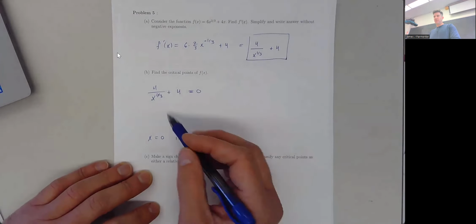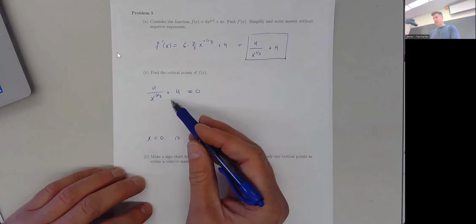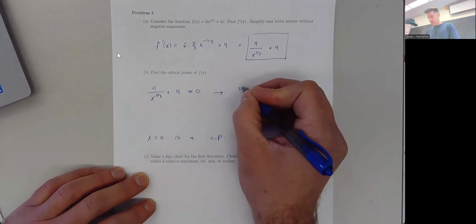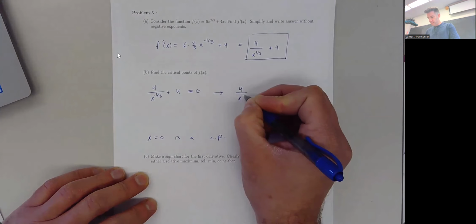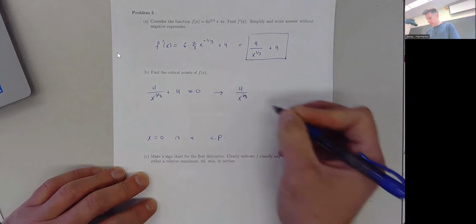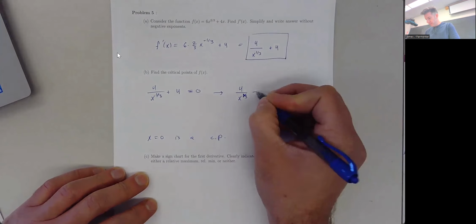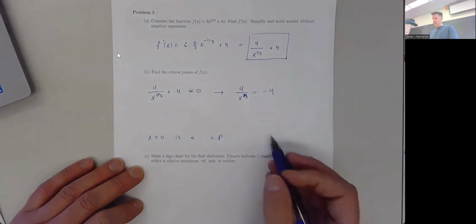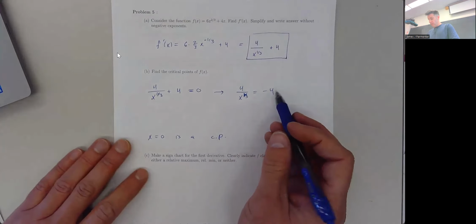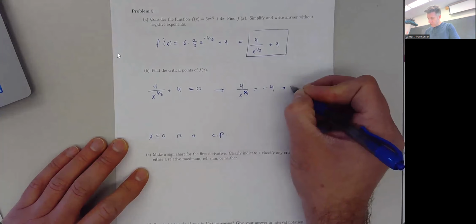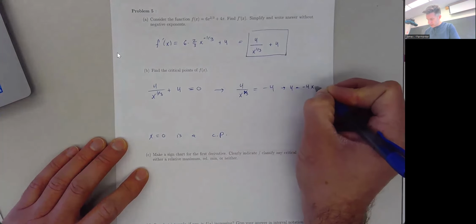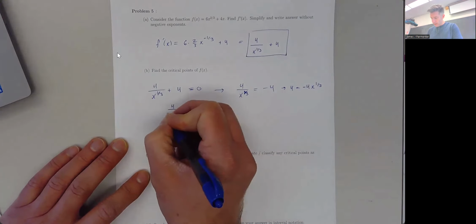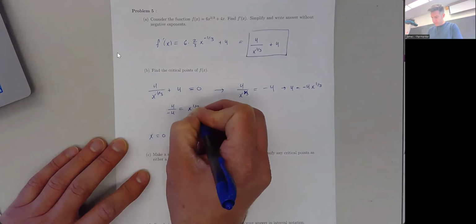Normally I might try getting a common denominator or factoring here, but I think it's probably easier just to solve for x. So I would subtract 4 from both sides. So 4 over x to the 1/3 equals -4. And I would multiply both sides by x to the 1/3. So 4 is equal to -4 times x to the 1/3. Divide both sides by -4. So 4 divided by -4 equals x to the 1/3.